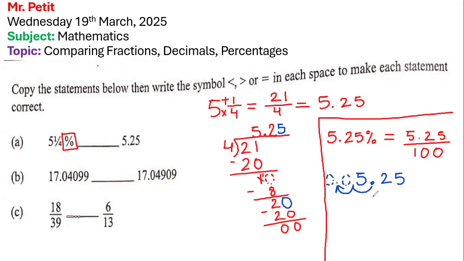So that means that 5.25% is actually equal to what? 0.0525.